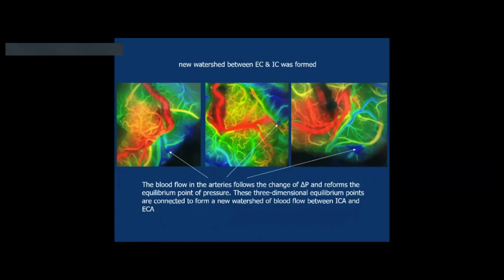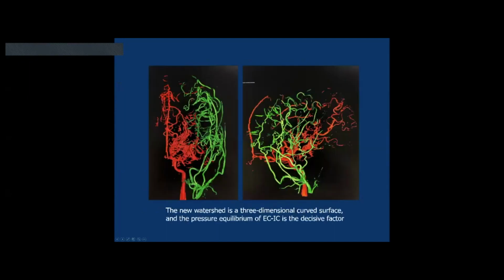These three-dimensional equal points are connected to form a new watershed of the blood flow between the ICA and ECA territory. So we can see the new watershed is a three-dimensional curved surface, and the pressure equilibrium of the ECIC is a decisive factor.